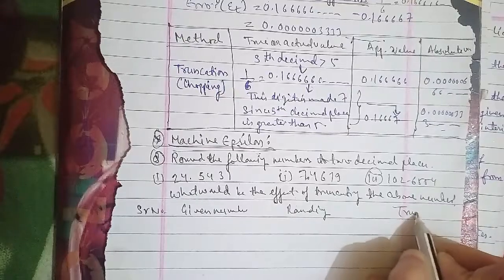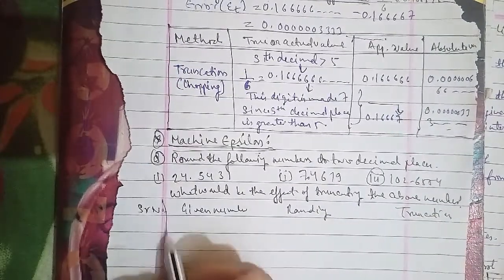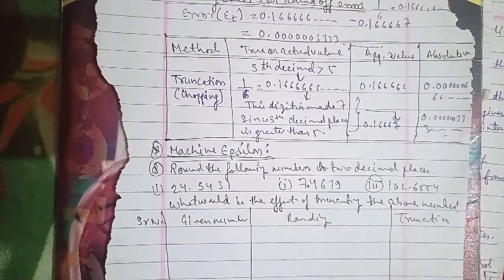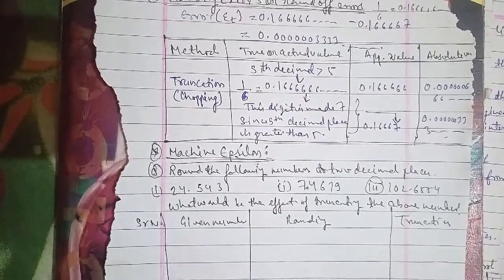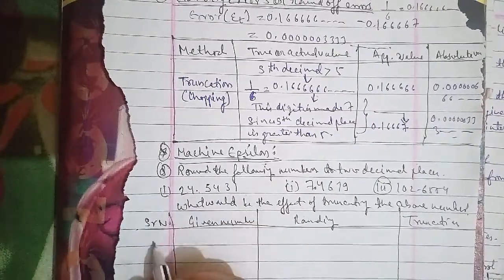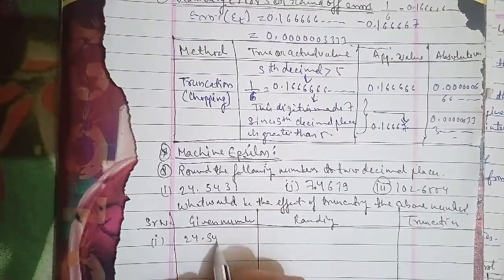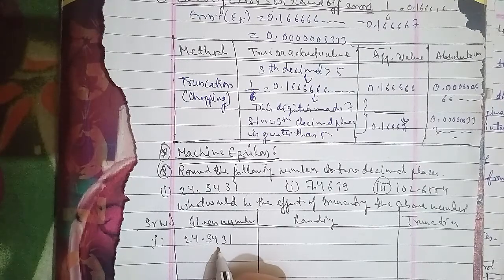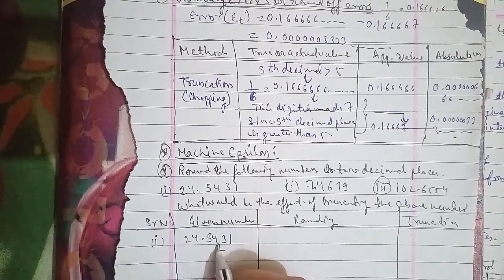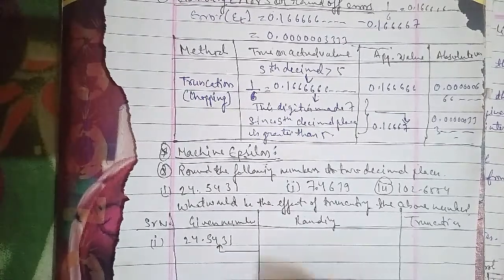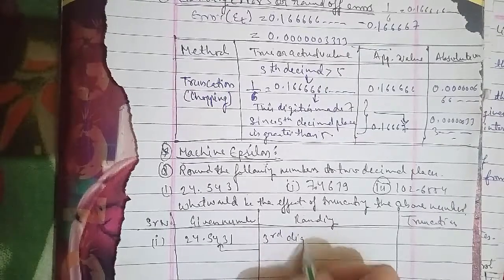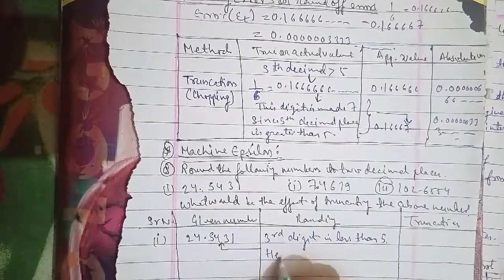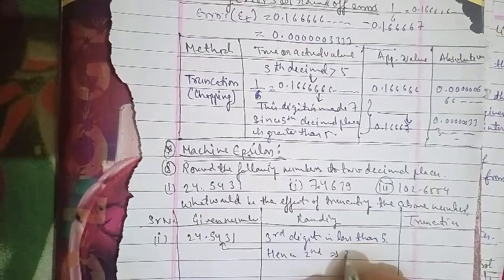For this, the third digit is less than 5, hence the second digit stays, and we get 24.54 itself, because the digit being less than 5 will remain as it is. So we get the truncation as 24.54.